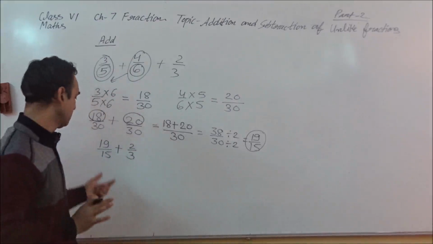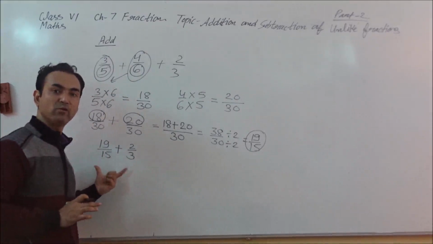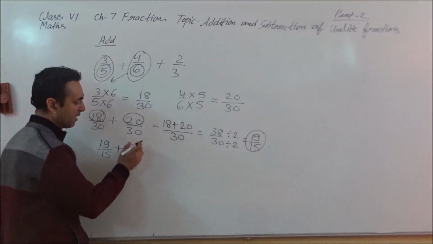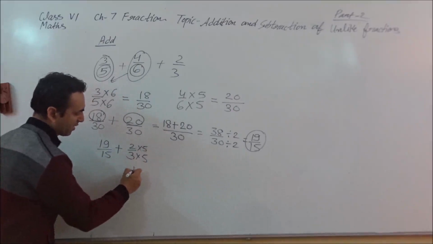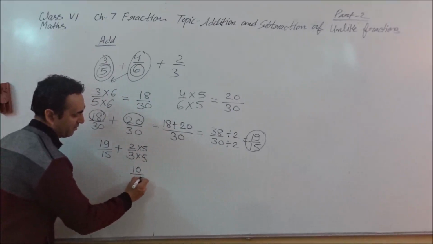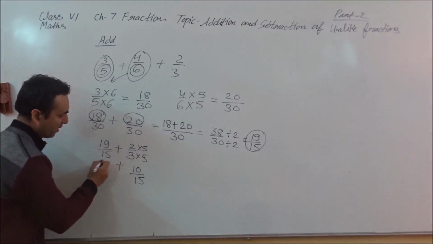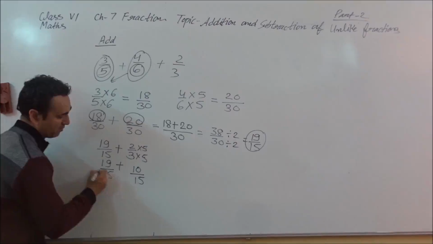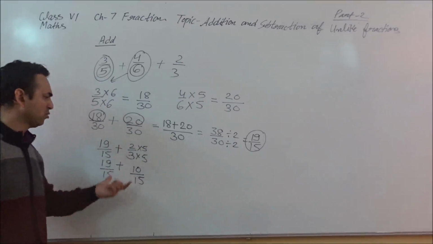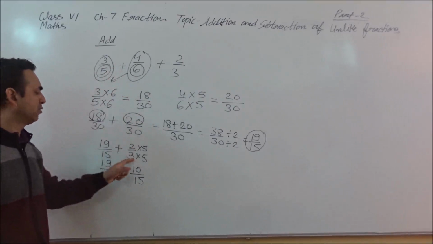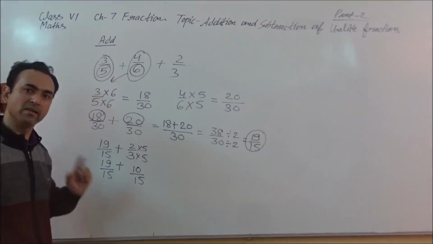Our motive is that we have to make the denominators equal. So 2 5s are 10, 3 5s are 15. Okay, the denominators should be equal. So you can see the denominators are equal. Or you can use the same earlier method and multiply this and this. Okay, that is also right.